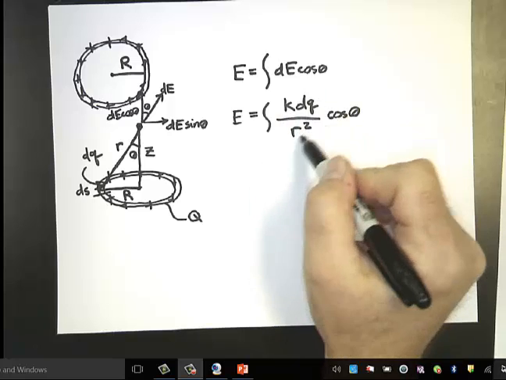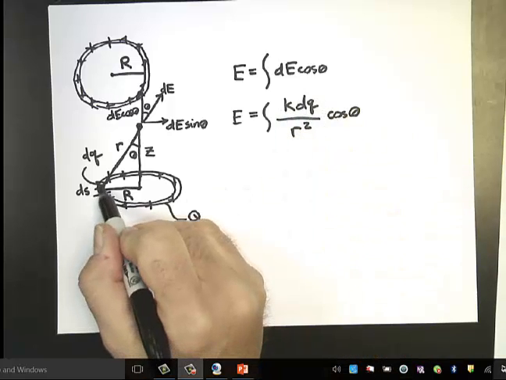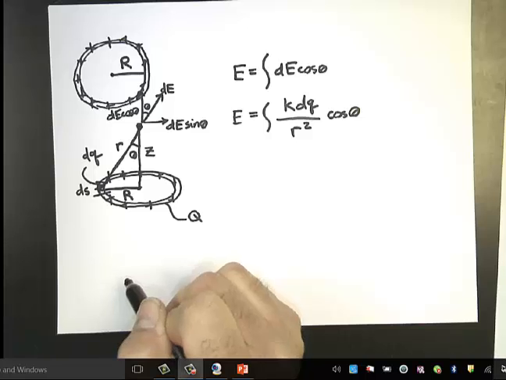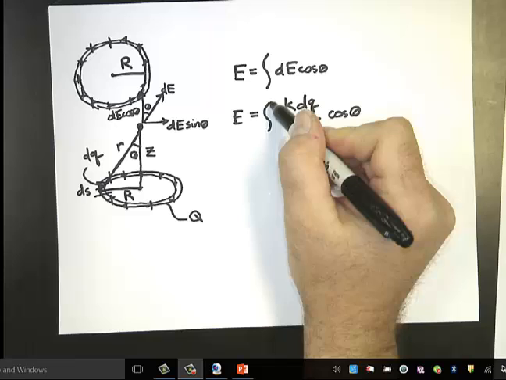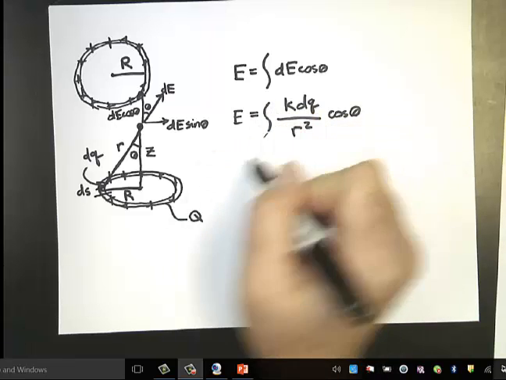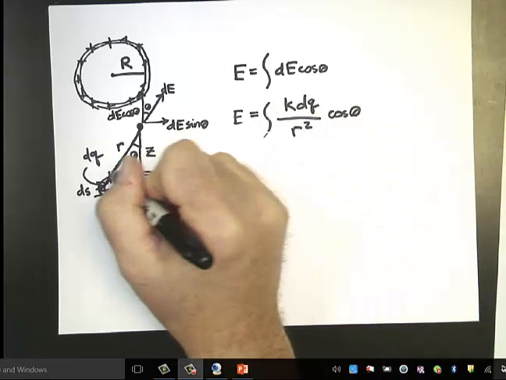So here's the field due to a single point charge, just this little tiny bit of the circle, times the cosine of theta, because I only want that component. I'm going to add them all up. That's what the integral sign means. I'm going to add up all of these all the way around.